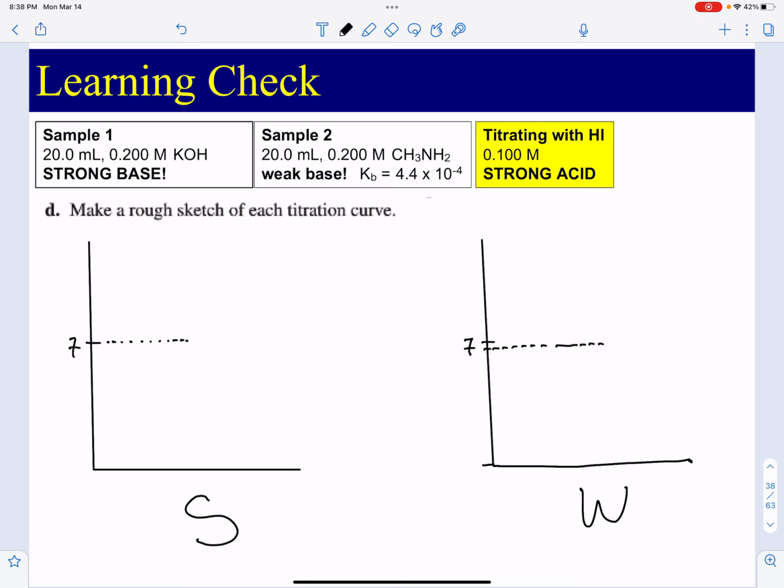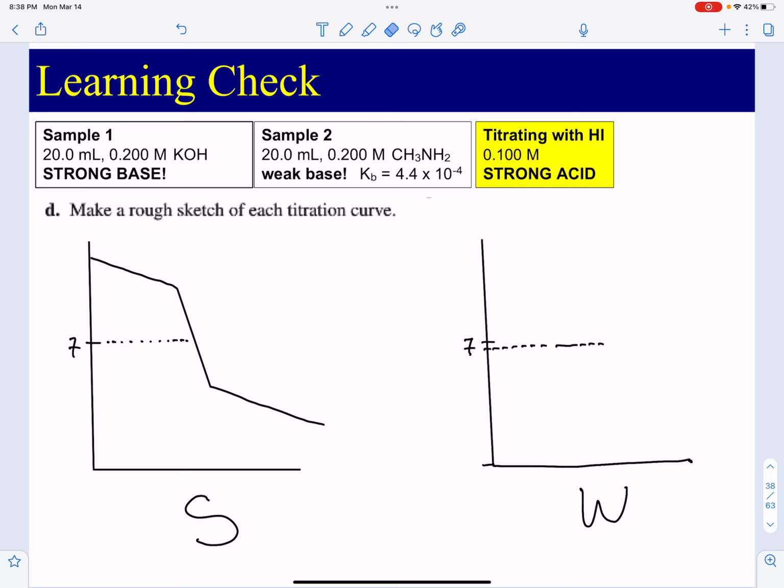But the part I needed to correct was that we're starting with bases, right? So we're going to start at high pH. Then we're going to go through the equivalence point. And then we're going to go down like that.